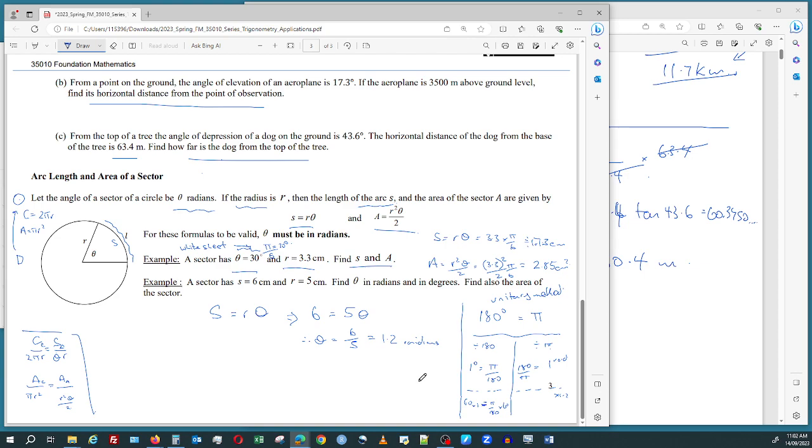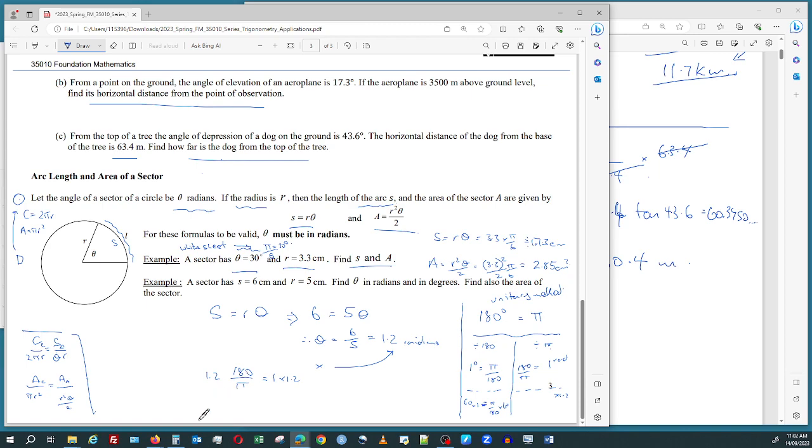So if we take 180 over pi is equal to 1, and multiply by 1.2, you get 1.2 on the left and 1.2 on the right, and you end up with an angle.